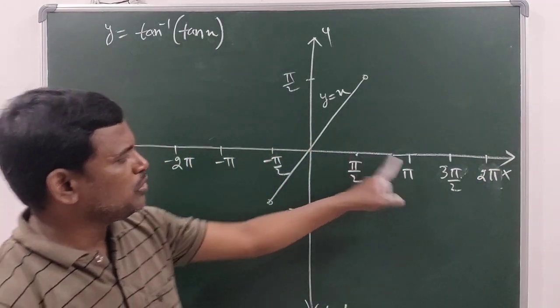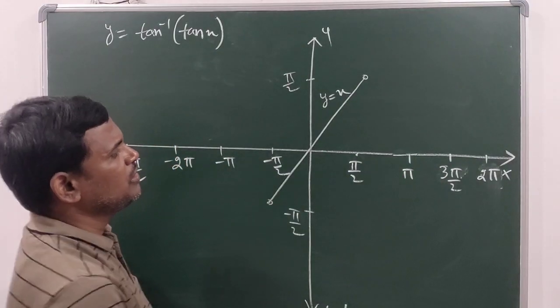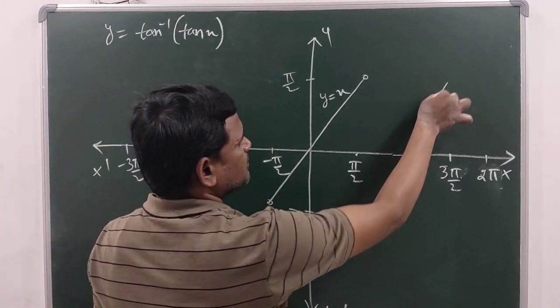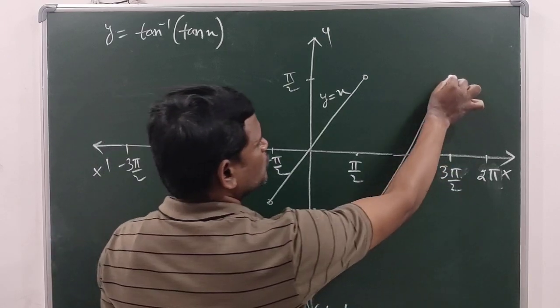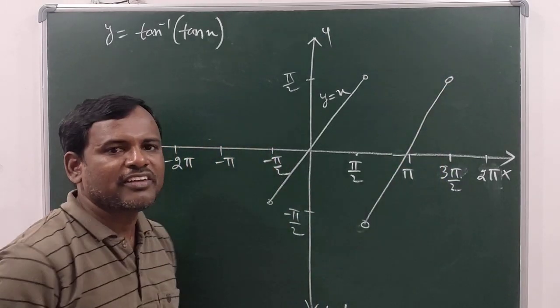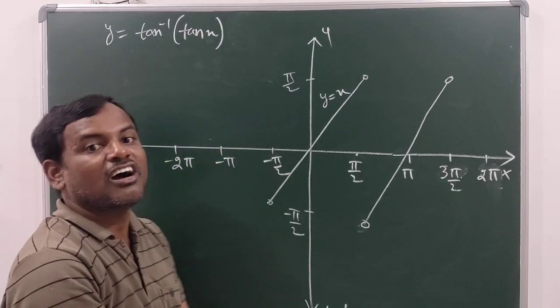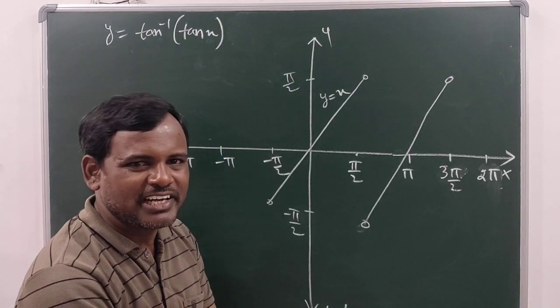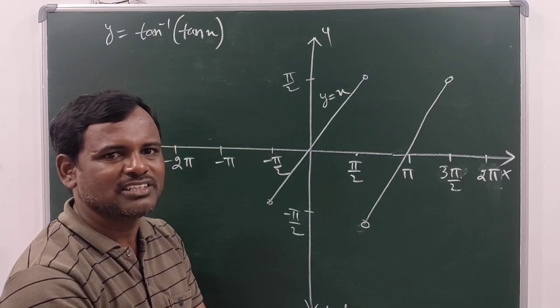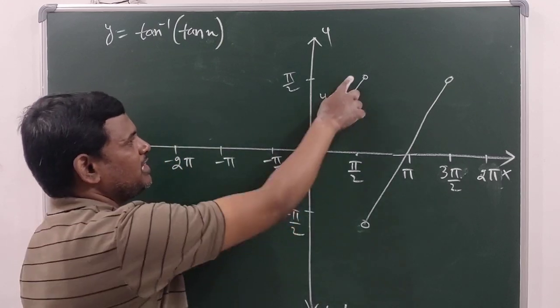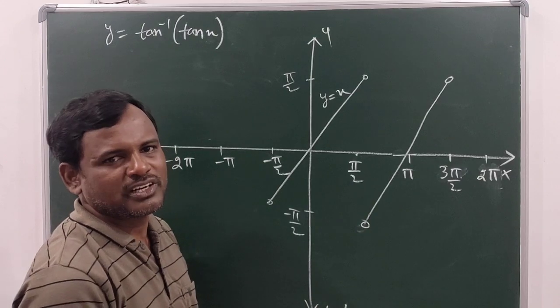When x value is more than 90 and less than 270, you will get a graph like this. Here it is an open circle, here it is an open circle, because the tan function is not defined at odd multiples of 90, that is 90, 270, 450, and minus 90, minus 270, minus 450. So there I am keeping open circles.